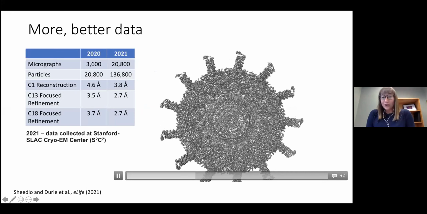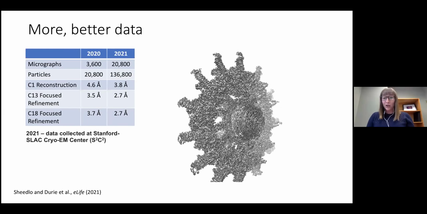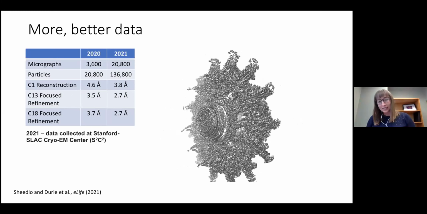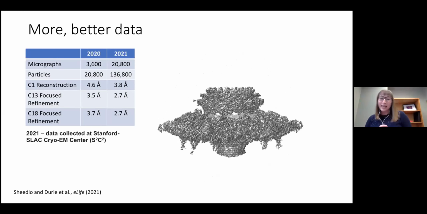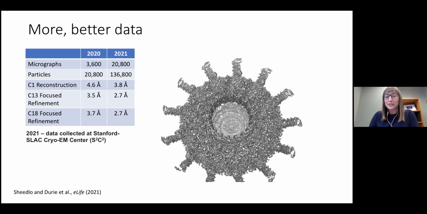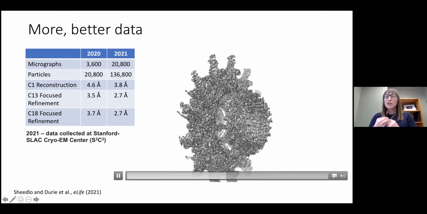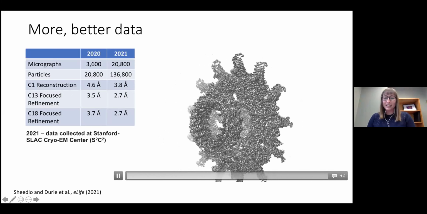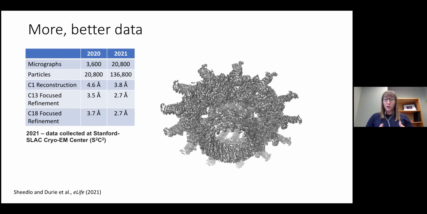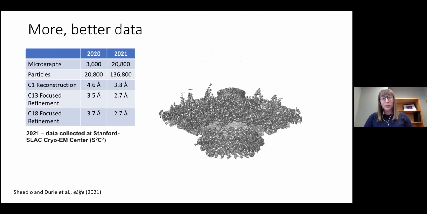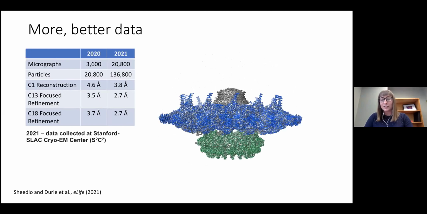And then now in the darker gray, this was again a C1 reconstruction, but with the bigger, better data set that we were able to collect on the Krios G4i with the K3 camera and the BioQuantum energy filter. You can see there's just a lot more detail. So this was already really promising. But we still wanted to push the resolution as far as we could to make sure we could identify as many of these components as possible.